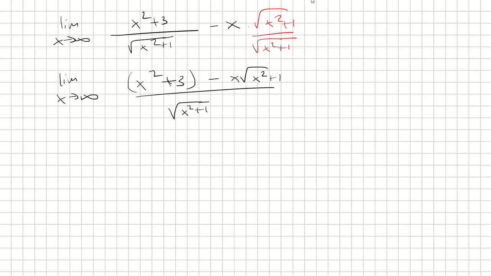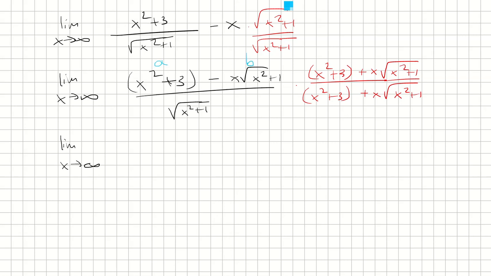From here we can multiply top and bottom by the conjugate. So it's x squared plus 3 plus x times the square root of x squared plus 1. So here what we have basically is, we'll call this a and b.